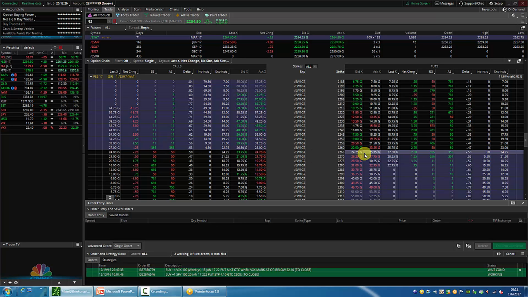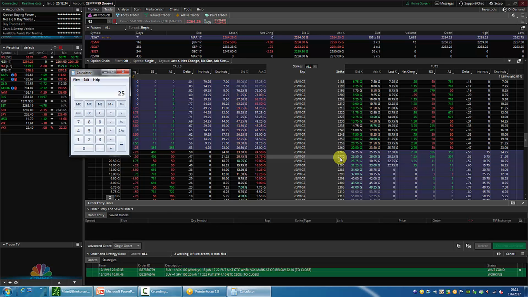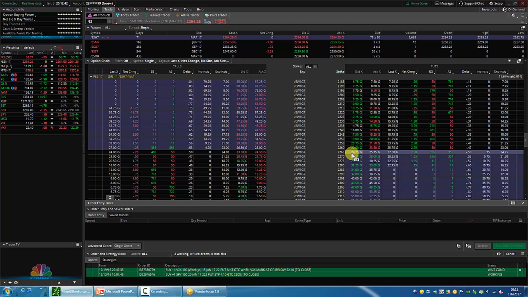If you were to sell the put option for 25 points, then you would receive 25 points multiplied by 50, so you'll be receiving $1,250 into your account. But of course, this is an at the money option, and the risk is of course higher if the market were to go against you.